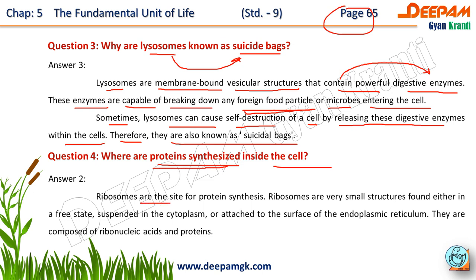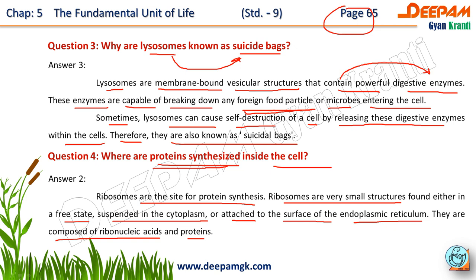Ribosomes are the sites for protein synthesis. Ribosomes are very small structures found either in a free state, suspended in the cytoplasm, or attached to the surface of the endoplasmic reticulum. They are composed of ribonucleic acid and proteins.